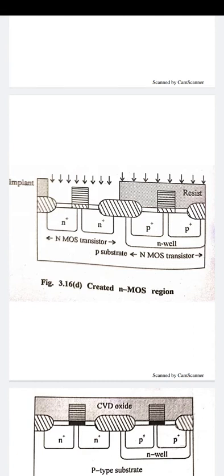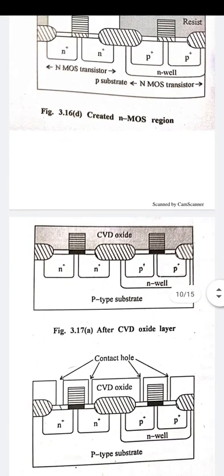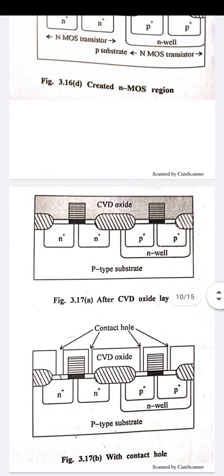After that, we have used the interconnecting layers. We have used a chemical vapor deposition oxide layer coated on the surface, which is used for making the electrical contacts from the N plus and P plus regions.